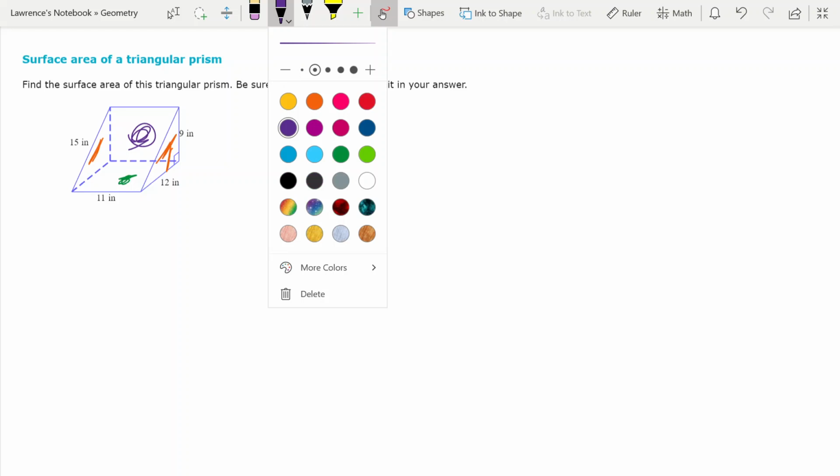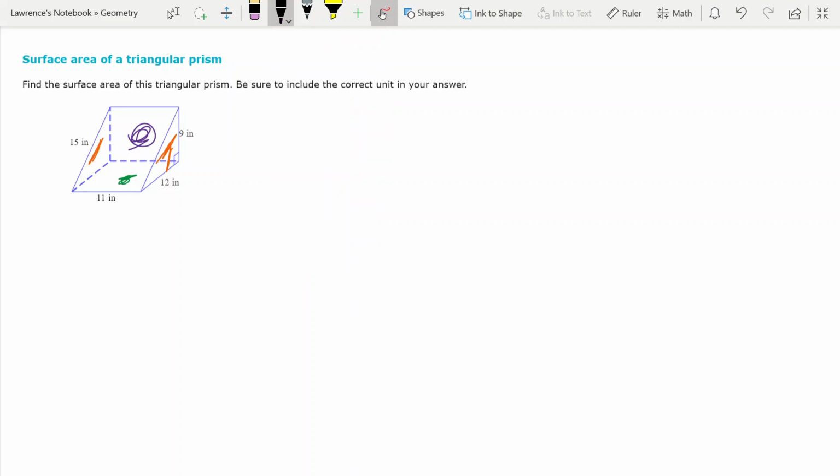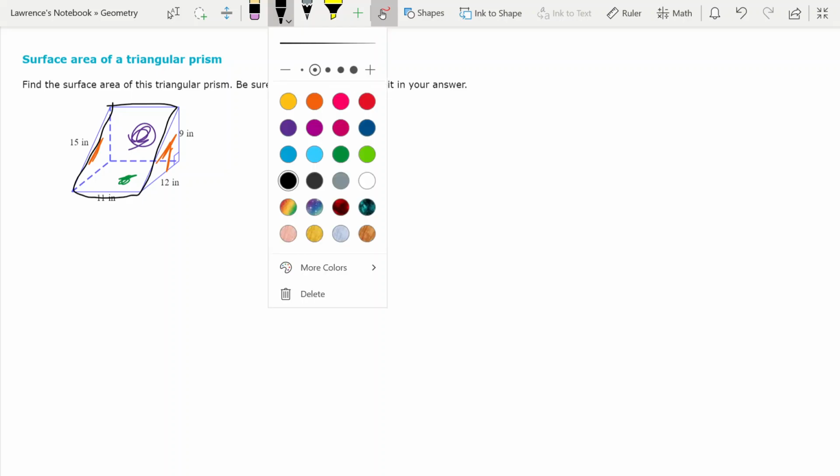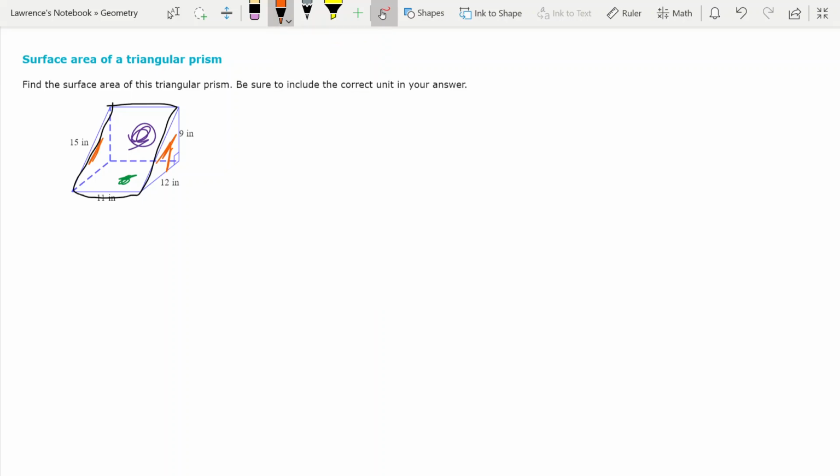I've got one more, which is this rectangle right here on the front. So what I have here is 2 triangles that are the same, so I'll just find it once, times 2. And then I have 3 rectangles that I'll find and add them all up. One piece at a time. Let's start with the triangles. There are 2 of them.